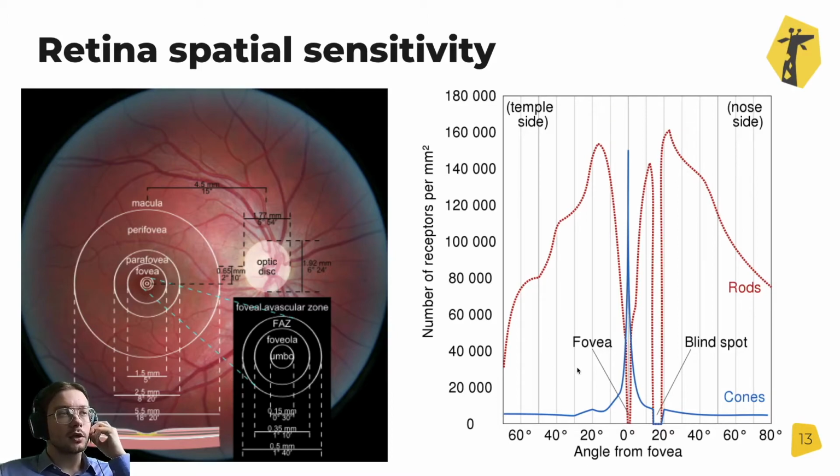The fovea is the place on our retina with the highest density of such cells. Usually all the measures are made from this point, and this is a zero angle.